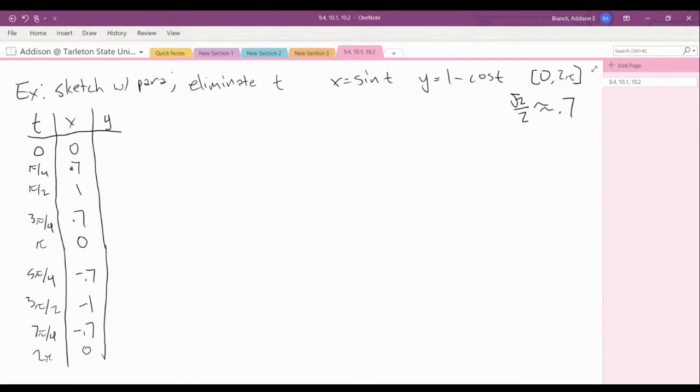Now, for y we have 1 minus cosine of t. Cosine of 0 is 1, so 1 minus 1 is 0. Then we have pi over 4, so that's going to be 1 minus 0.7, so 1.3. Oh, I mean 0.3.